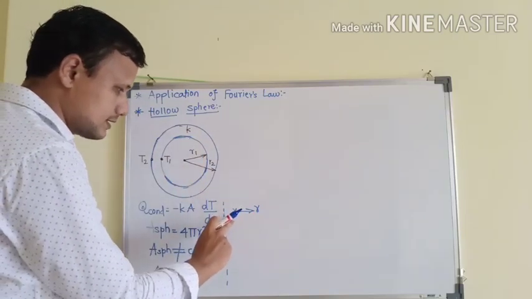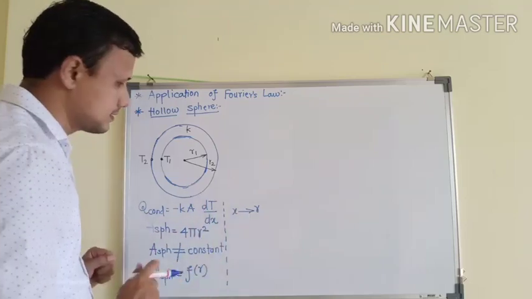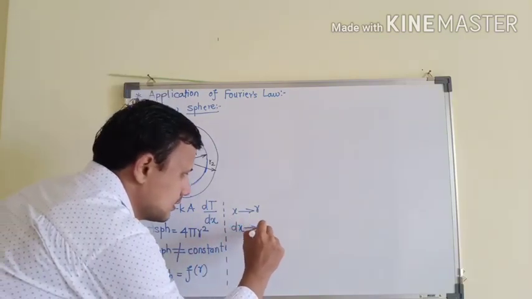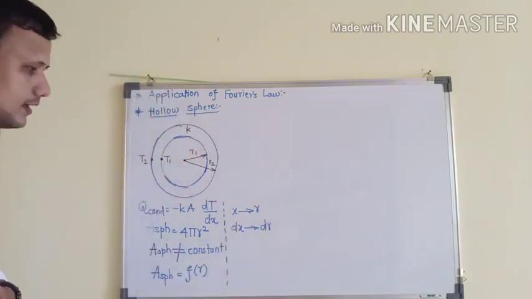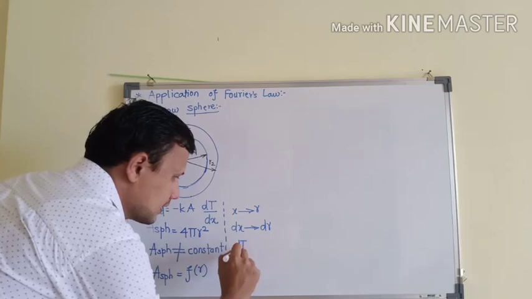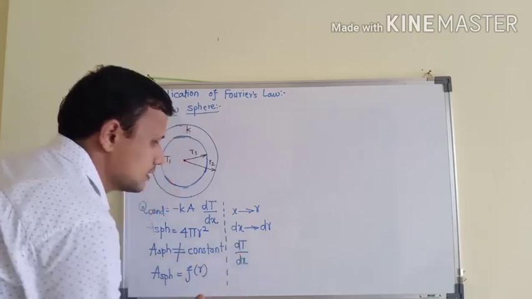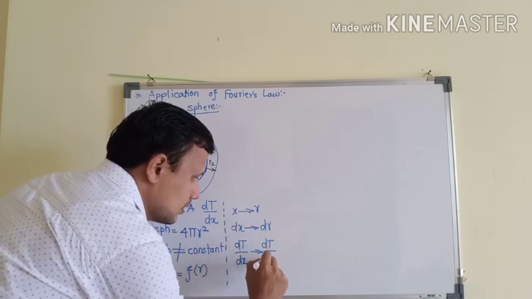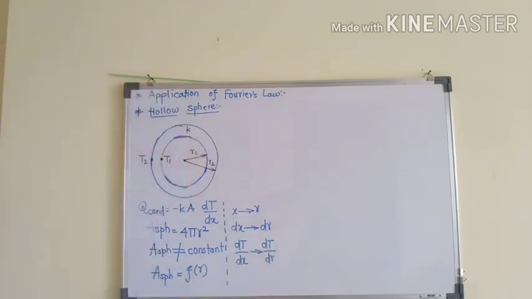That's why x corresponds to radius r, and change in x is nothing but change in r, that's why dr. So the temperature gradient, which was generally written as dT by dx, will transform to dT by dr.